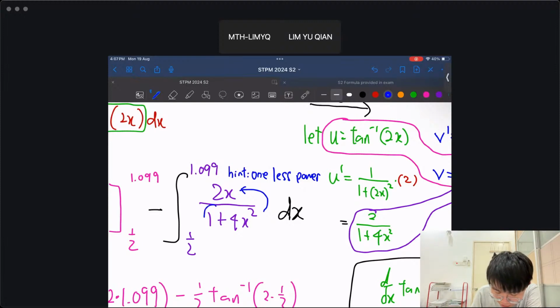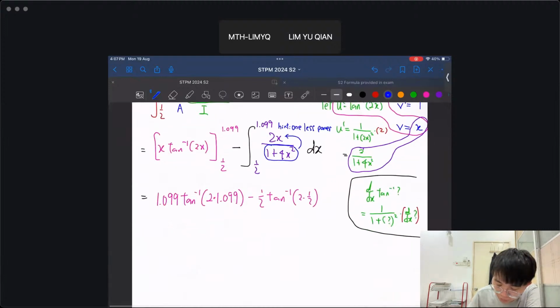So this suggests that we can make this one our u. u equal to 1 plus 4x squared.